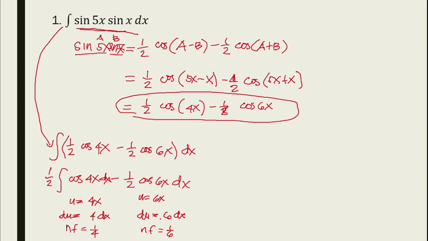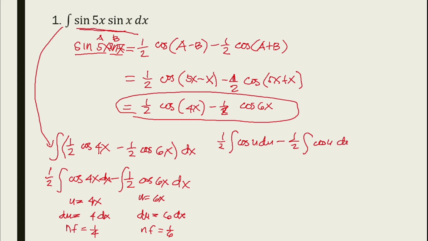Next step is we're going to use the integration. So this is 1/2 the integral of cos u du minus 1/2 the integral of cos u du.